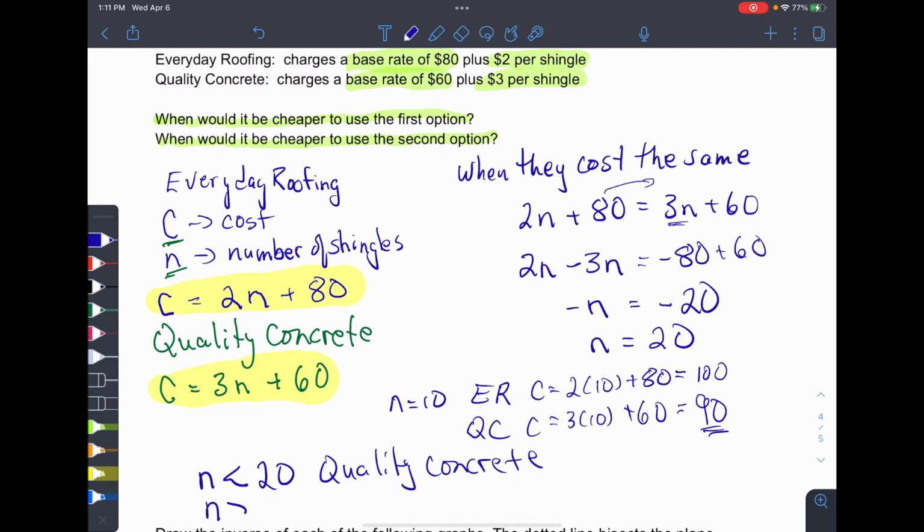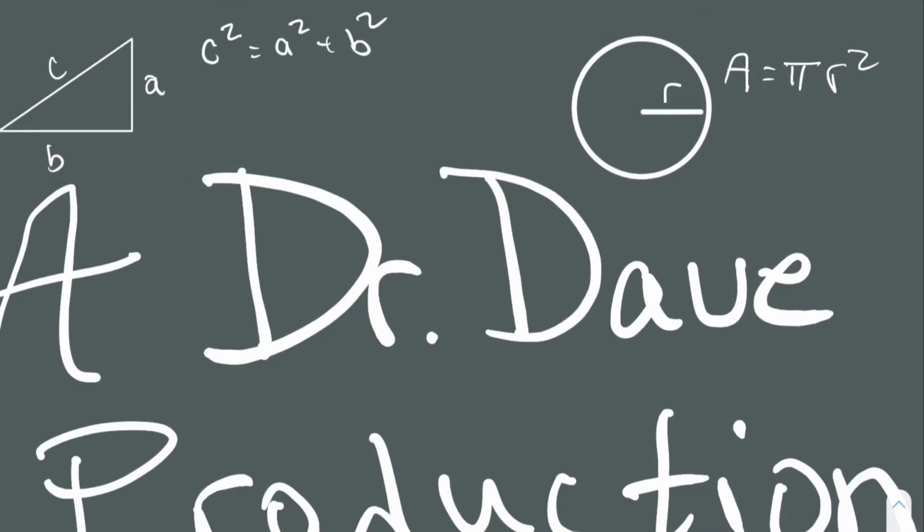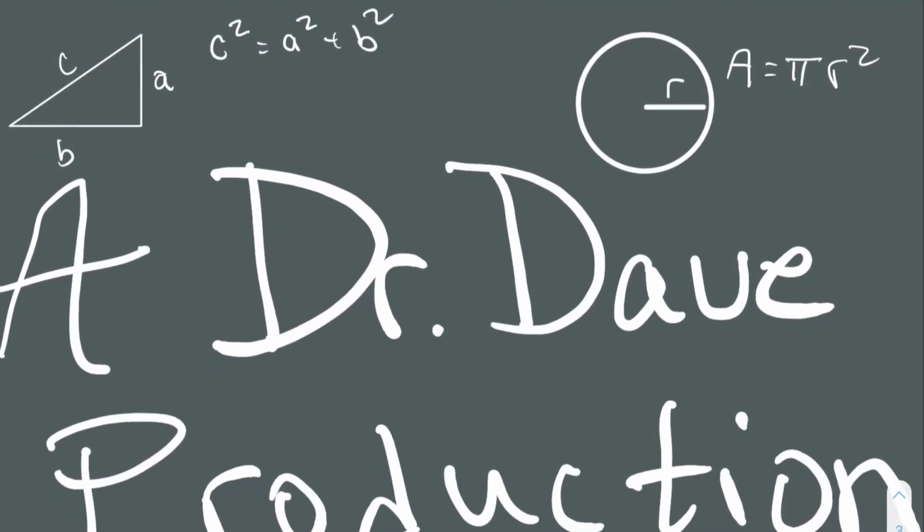And when n is greater than 20, Everyday Roofing will be cheaper. Okay, so that's how we solve this word problem using linear equations. I hope this video was helpful.